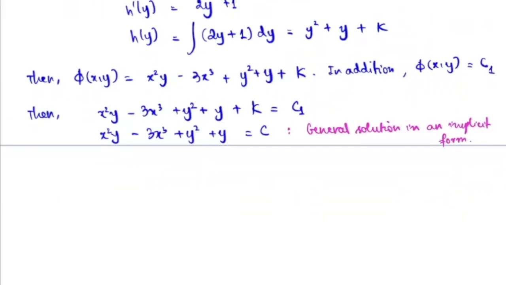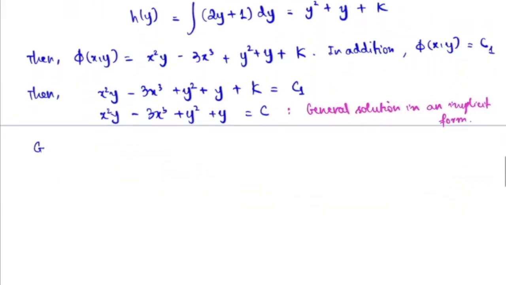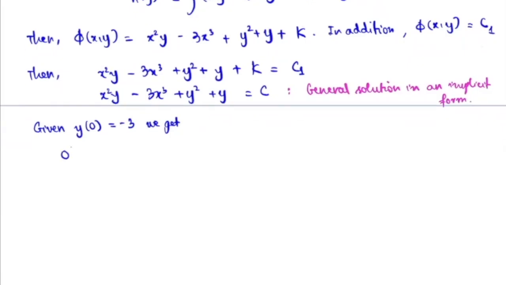So the initial condition is y of 0 equal to -3. So given y of 0 equal to -3, we get x equal to 0, y equal to -3. We get 0 squared times -3 minus 3 times 0 cubed plus (-3) squared plus -3 equal to constant c.